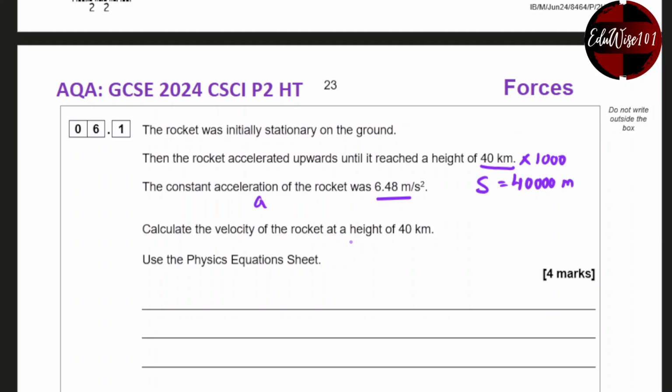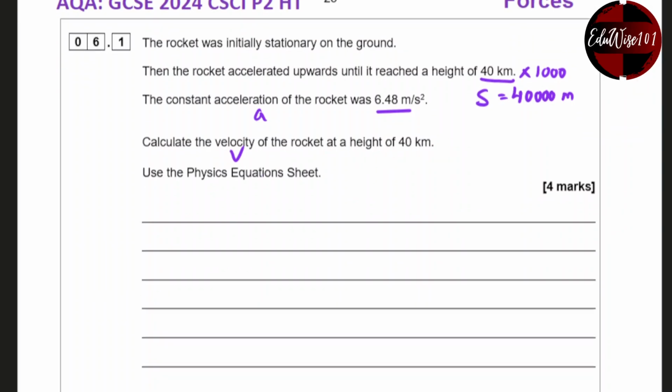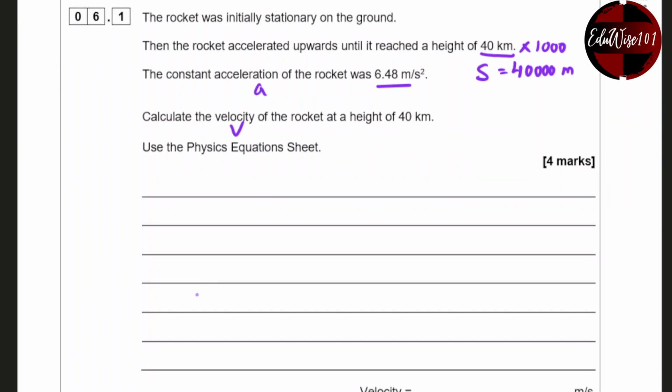Calculate the velocity of the rocket at a height of 40 kilometers, the same height. So calculate the velocity v. Use the physics equation sheet for 4 marks. The equation that you need is v squared minus u squared equals 2as. s is for distance, a is for acceleration, u is initial velocity, which is 0 here.